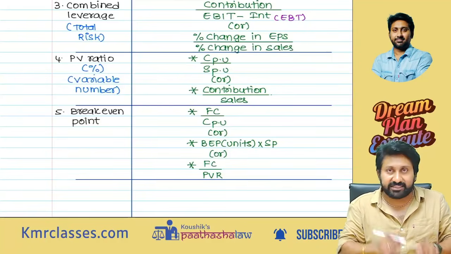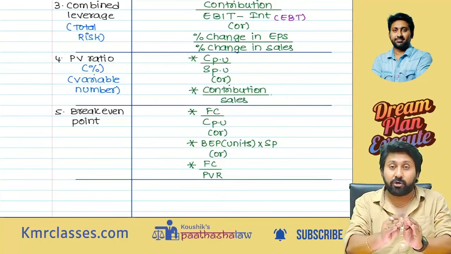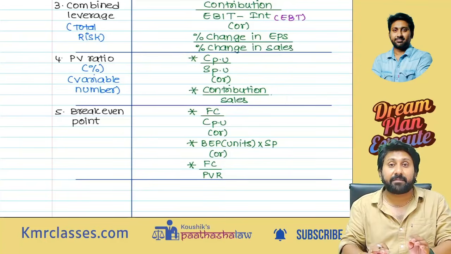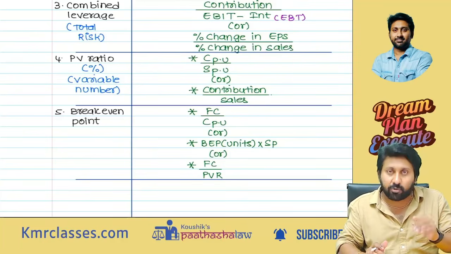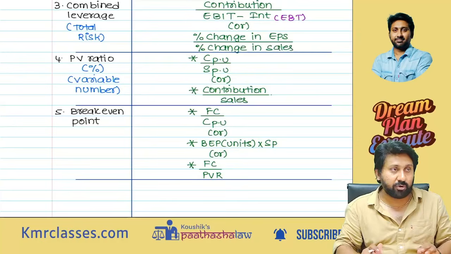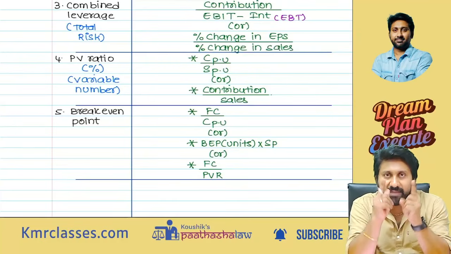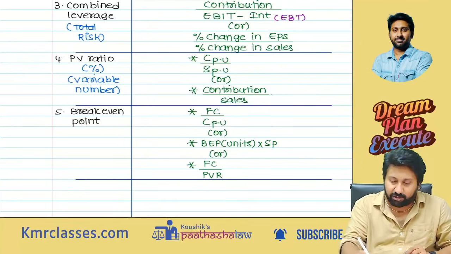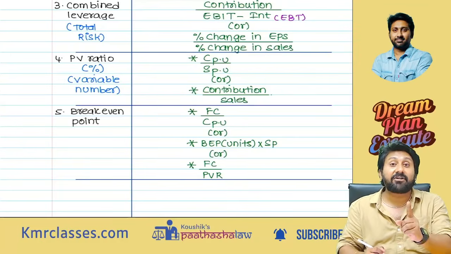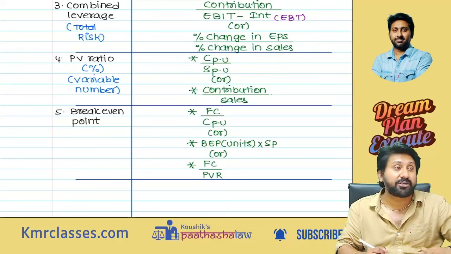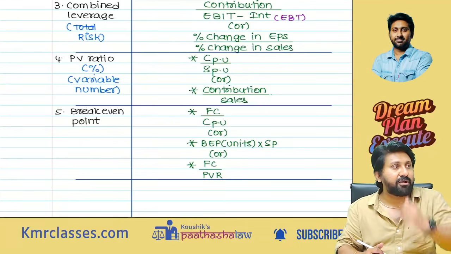This is that much amount of volume of sales which is affected by the number of units sold, or simply that much amount of profit which gets affected by units sold. Easy way: PV ratio is taking what and what? Contribution and sales. Below contribution, what will be there? Fixed cost. Fixed cost is irrespective of number of units produced. Whether you produce or not, you have to pay.